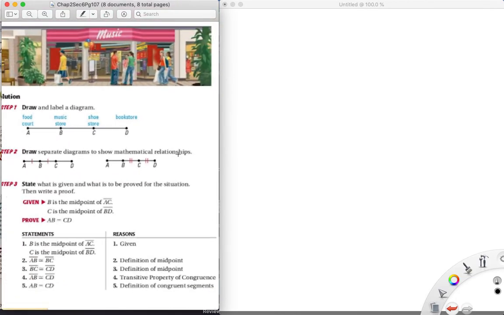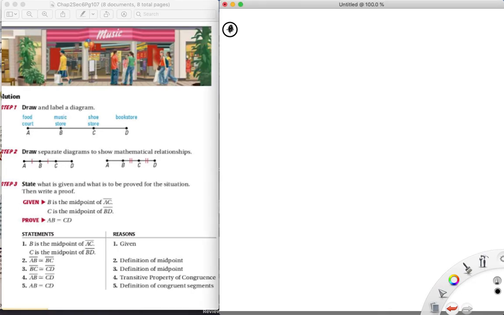We have a scenario. We have A, B, C, D, not to scale.